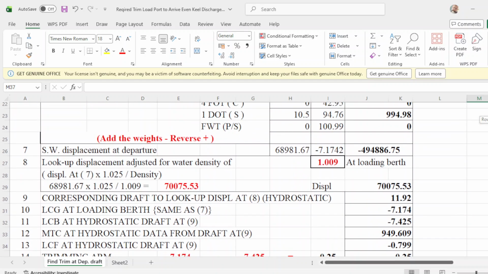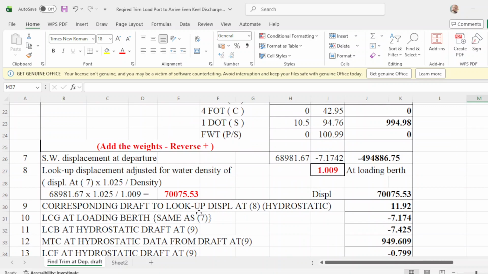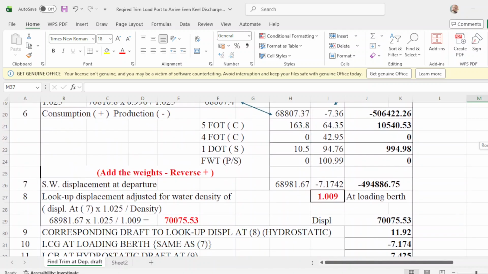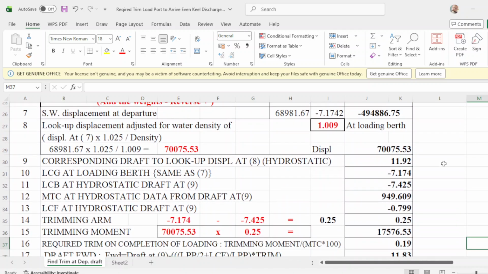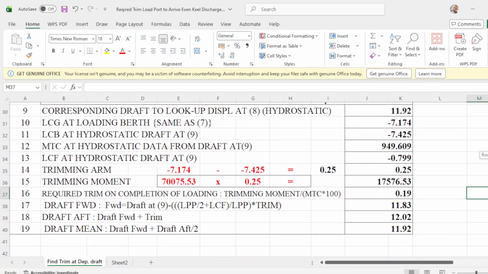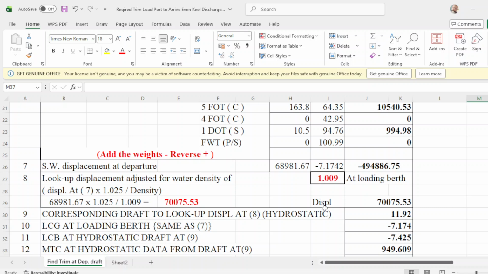And this one, from salt water, you convert this to your dock water of 1.009.